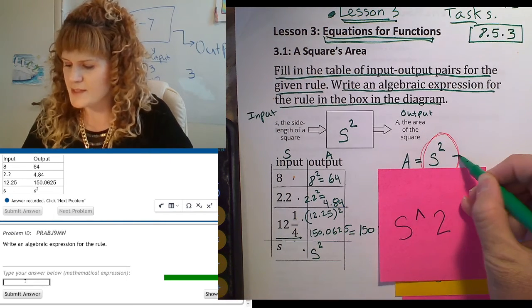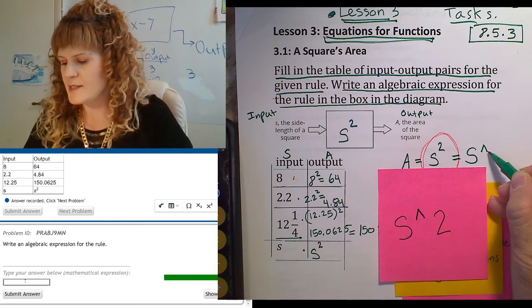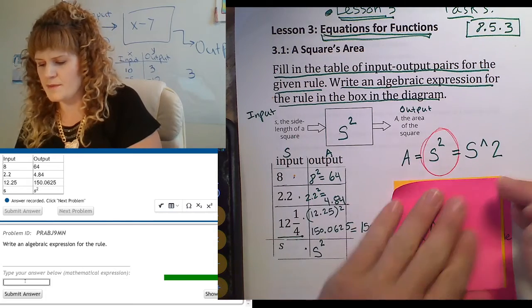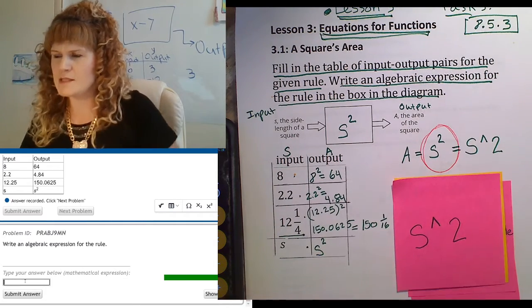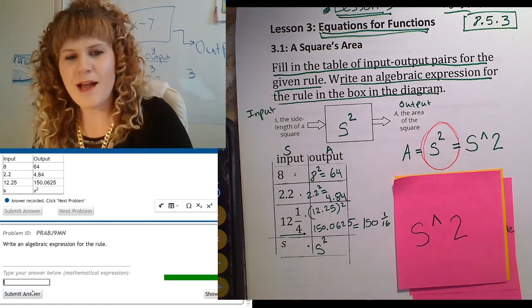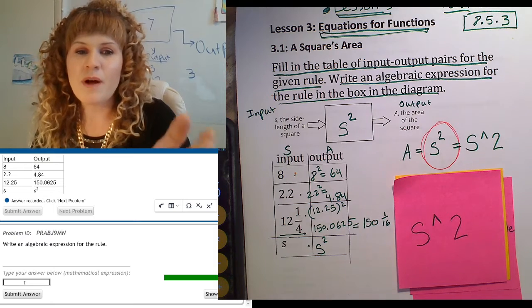I bet you've never seen it before, but I want you to get used to it. S caret 2 means S to the power of 2. It means S squared.